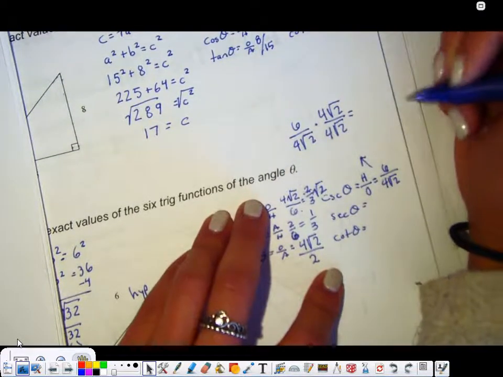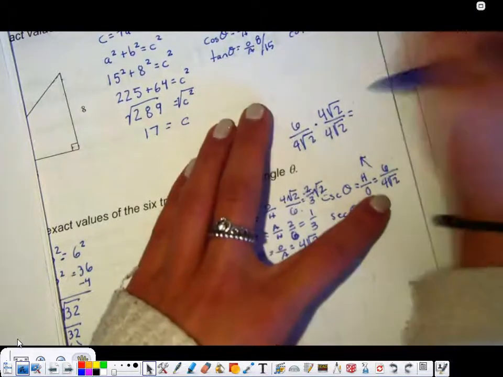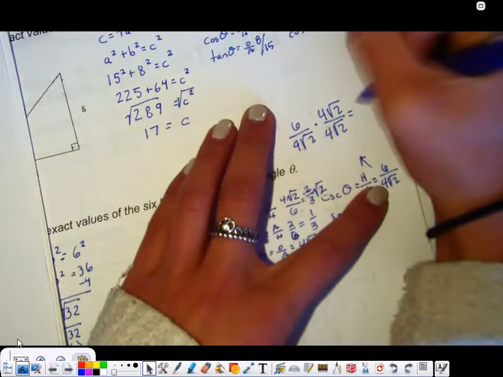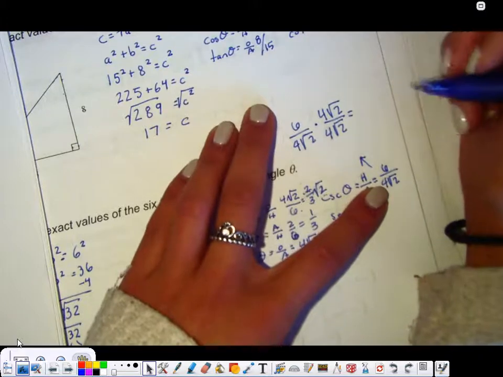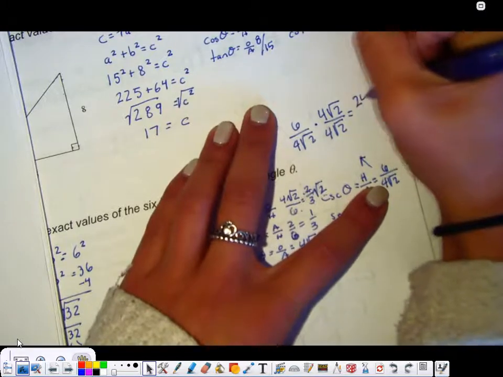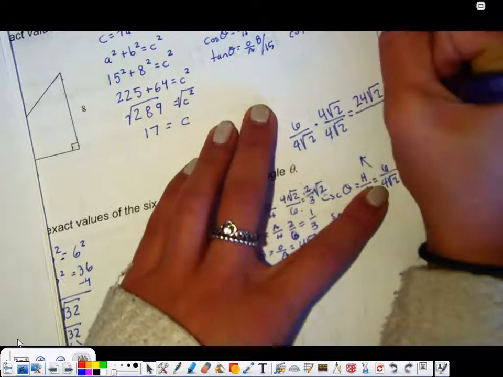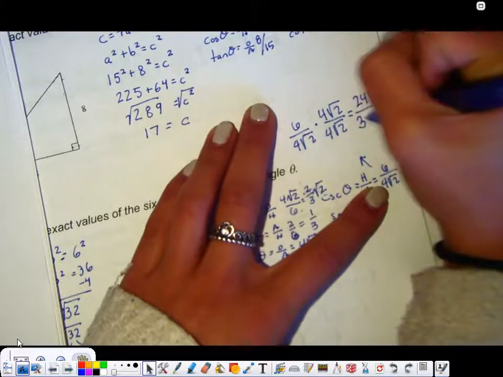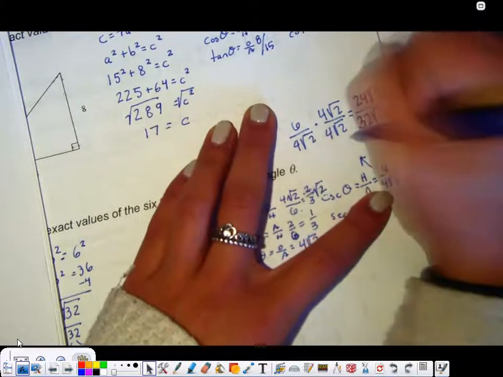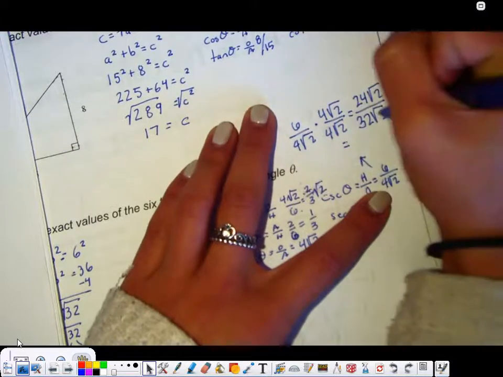Okay, can I just finish it? So 6 times 4 times the square root of 2 is 24 times the square root of 2 over 32 times the square root of 2. And, oh, right, square root of 4.